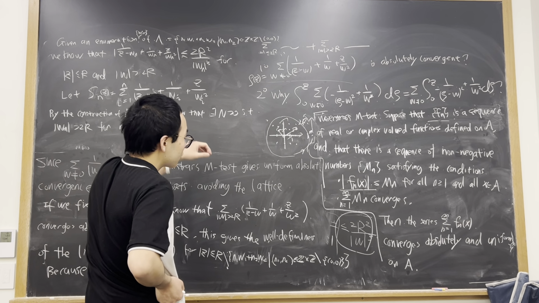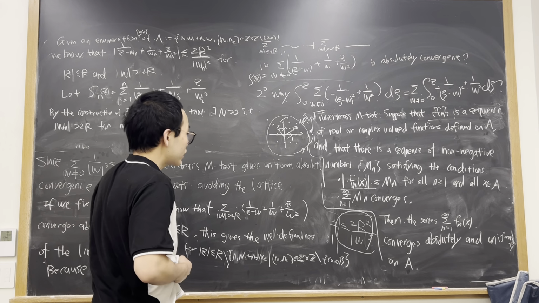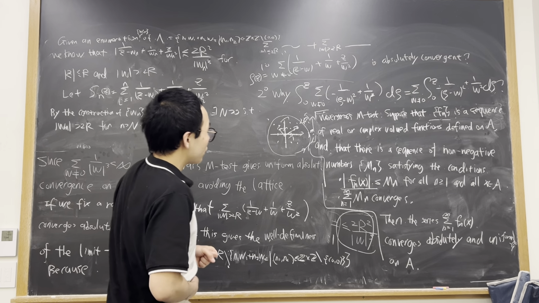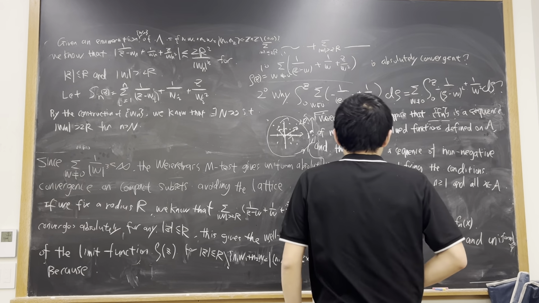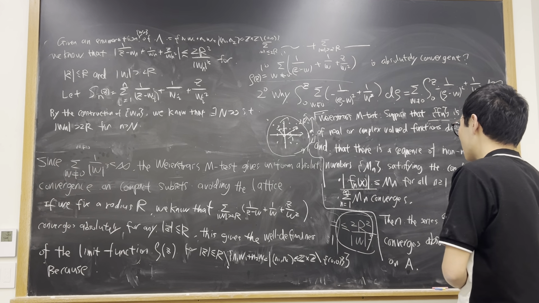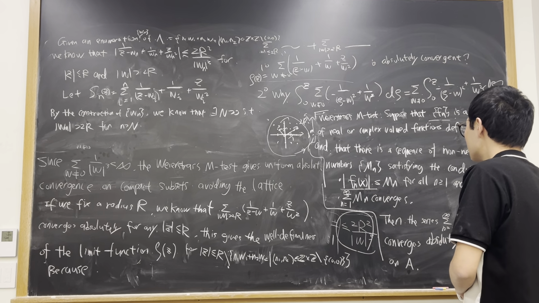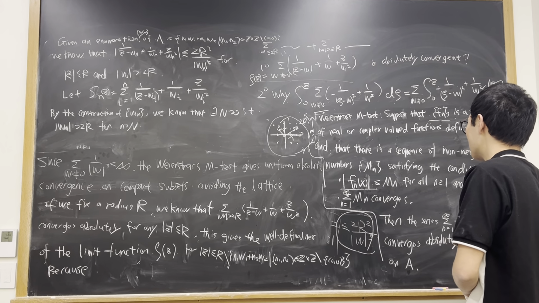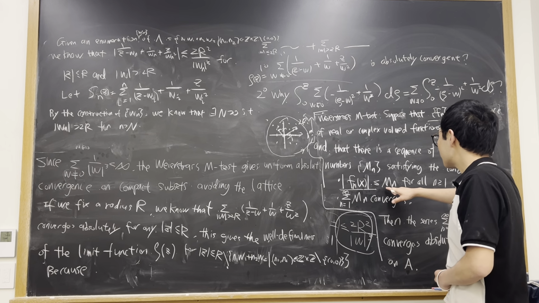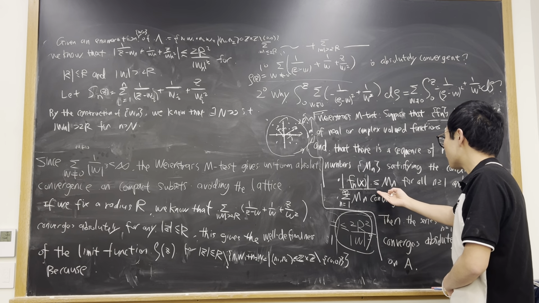So in that case, for each n where n is small, it is finitely many terms, right? So finitely many terms, we don't need to worry, because we have to have the bounds.